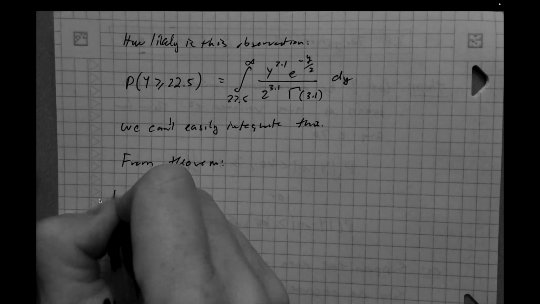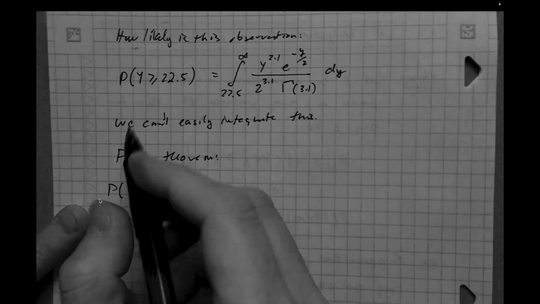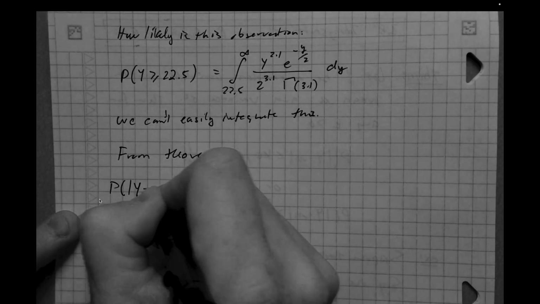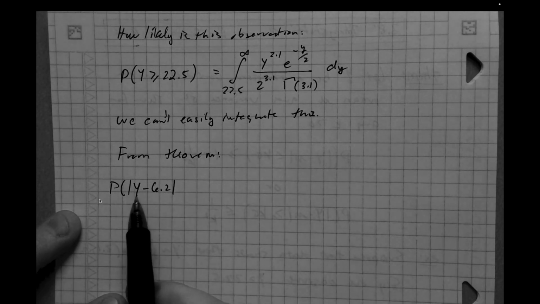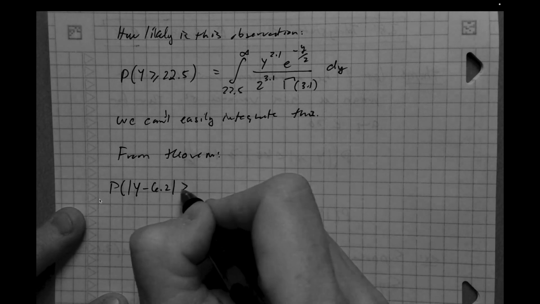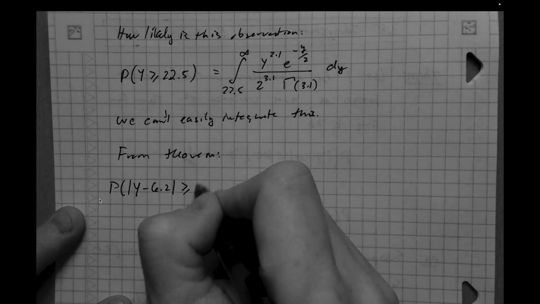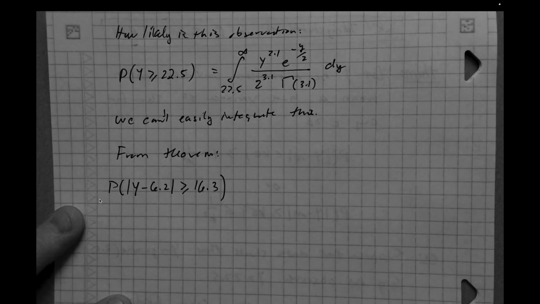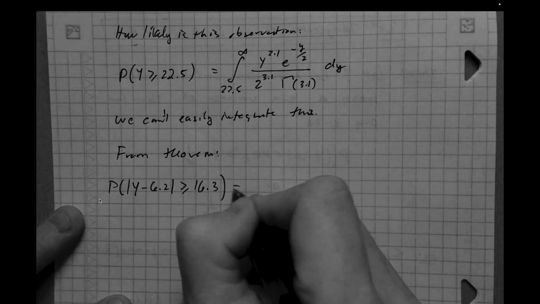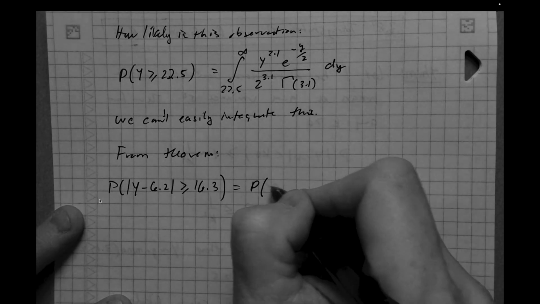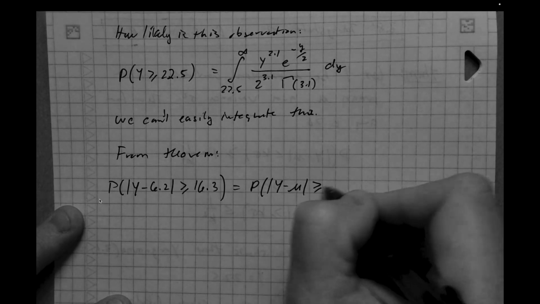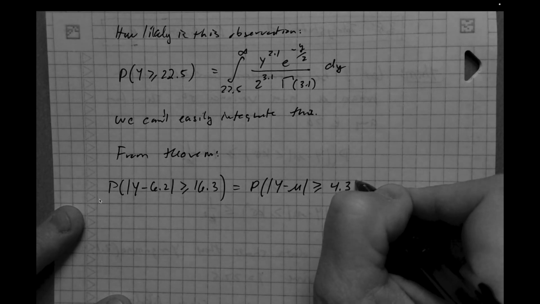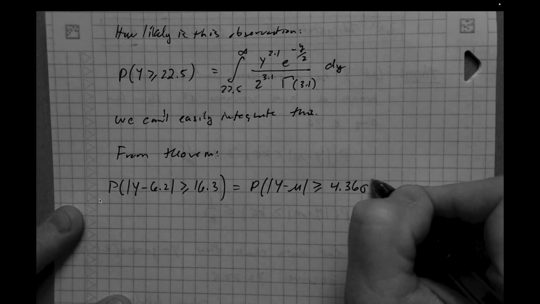we could say that the probability that y minus 6.2, the distance between our observation and 6.2, is greater than or equal to 16.3, that's equal to the probability that y minus mu is greater than or equal to 4.63 sigma.